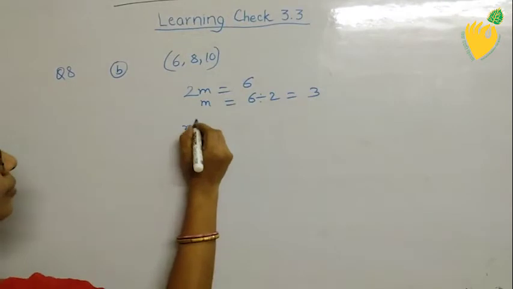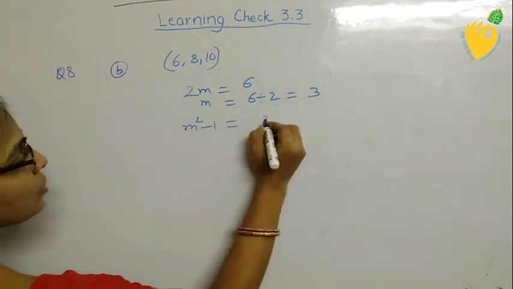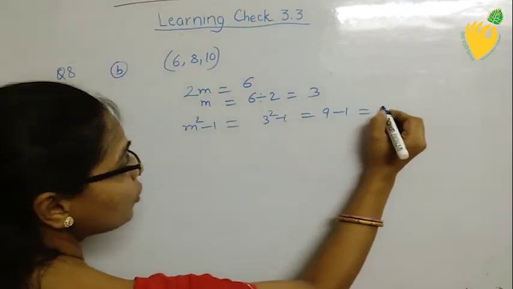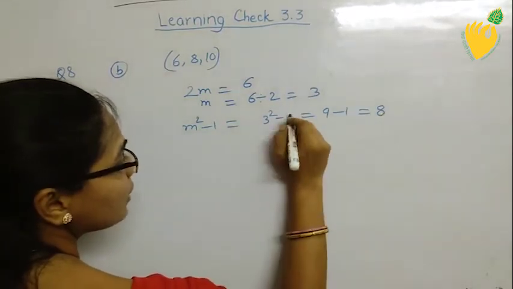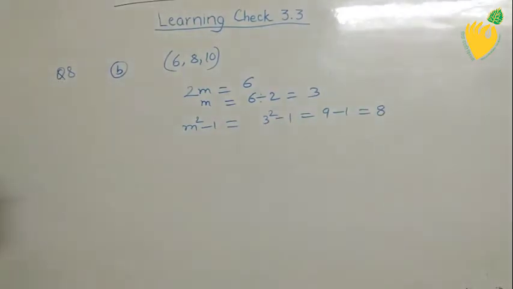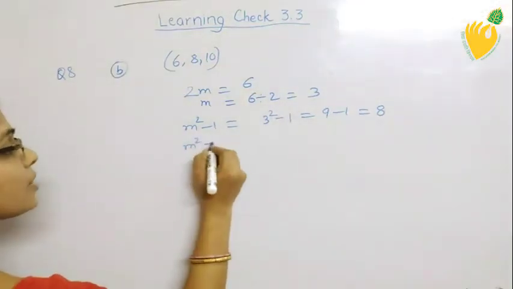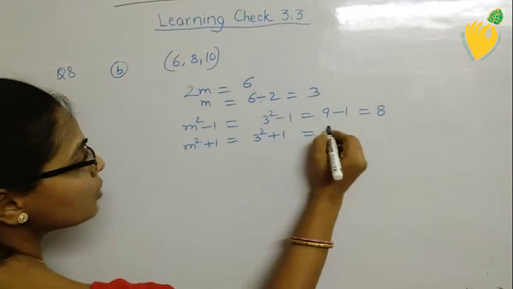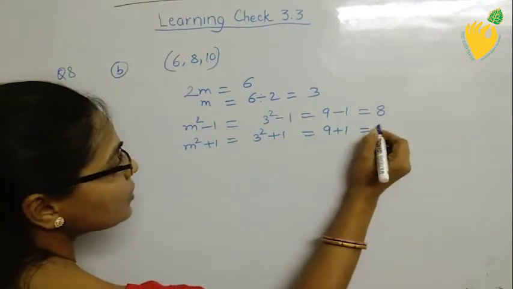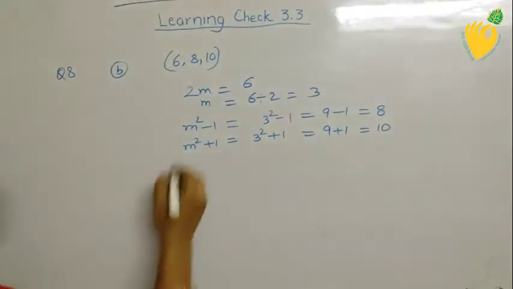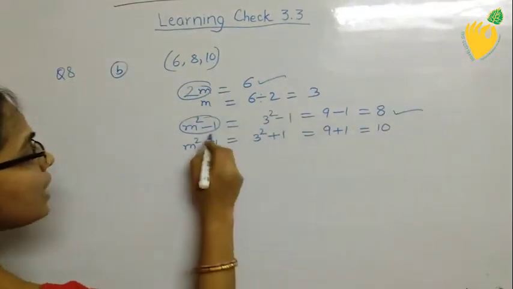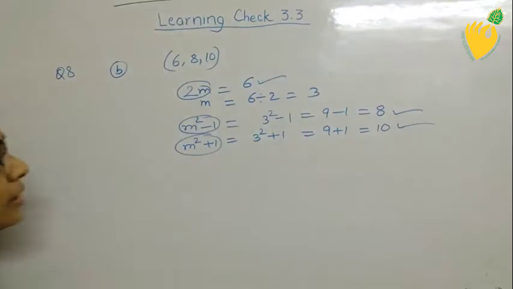Now find the value of m squared minus 1, which is 3 squared minus 1, that is 9 minus 1 equals 8. Now m squared plus 1 equals 3 squared plus 1 equals 9 plus 1, which is 10. So our triplet is 2m, that is 6, m squared minus 1, which is 8, and m squared plus 1 is 10.